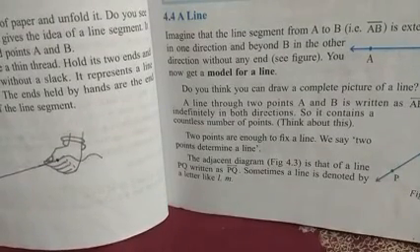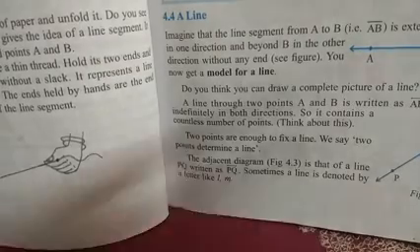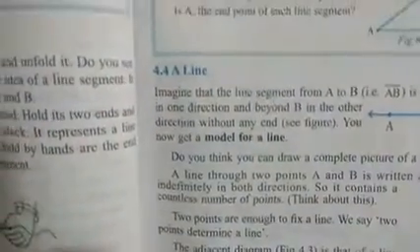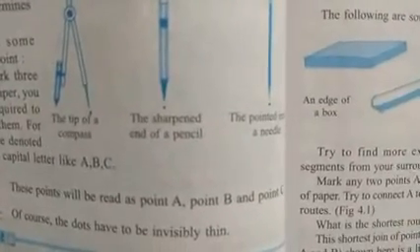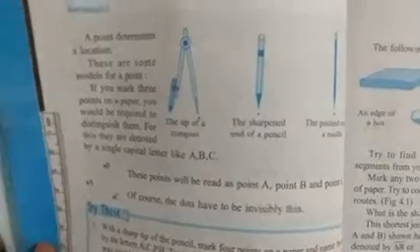Tip of a compass, the sharpened end of a pencil, the pointed end of a needle, etc. are examples of a point which determines the location.